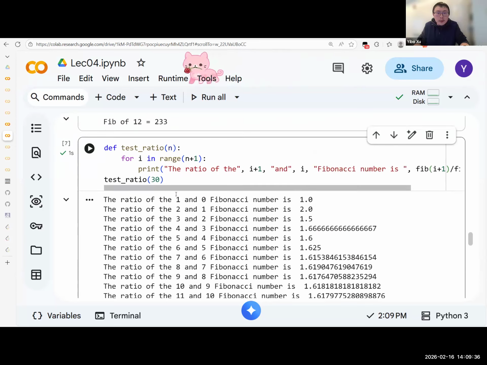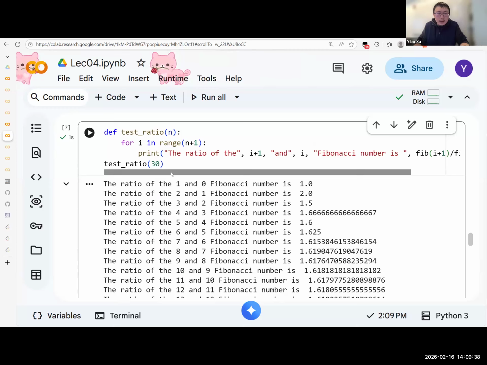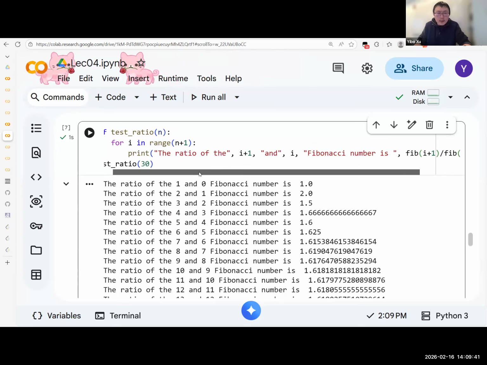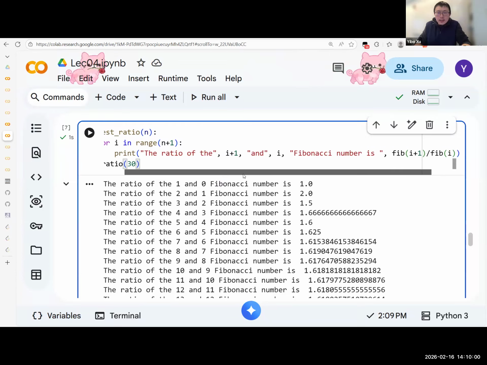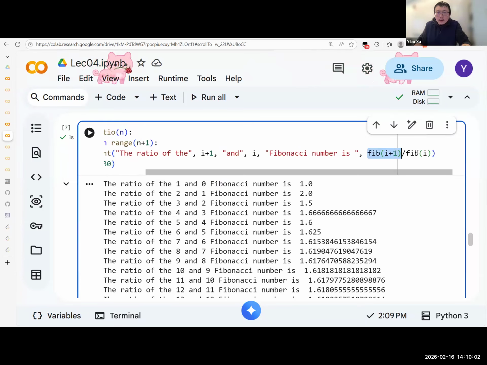So what's the problem here? If you're looking at the code, it says for every i from range 31. So 31 is basically saying I'm doing the ratio from when i is 0 all the way up to 30. So 31 cases. For each such case, I do fib of i plus 1 over fib of i.